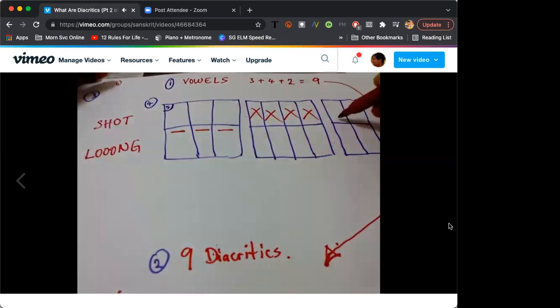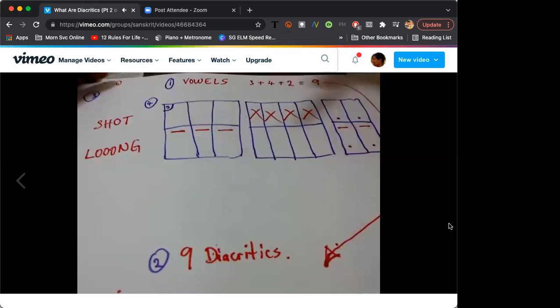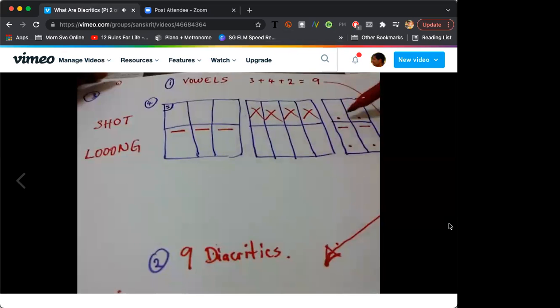Then here a dot below, 4, another dot below, 5, a line above, 6, a dot below, 7, a line above, 8, and a dot below, 9. Count again. 1 line above, 2, 3, 4, 5, 6, 7, 8, 9. Okay, so that's how we get 9 diacritics.